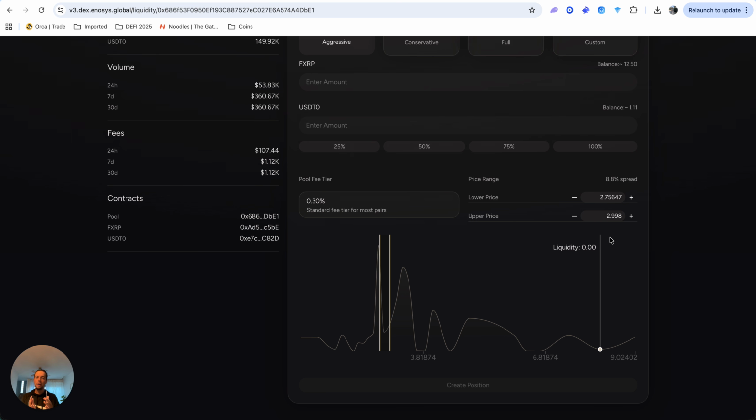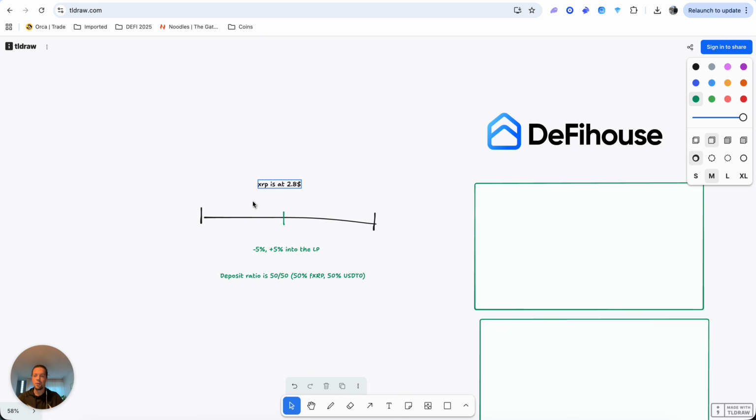So if you deploy into the pool, for example, let's assume this is our range. If the price of XRP drops below your minimum range, right here, then you will be converted fully to FXRP. And vice versa happens if XRP goes up and reaches the upper limit of your range and goes out of range, then you are fully converted to USDT0.